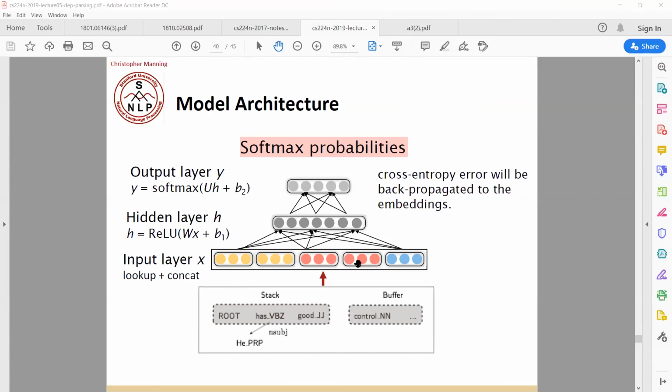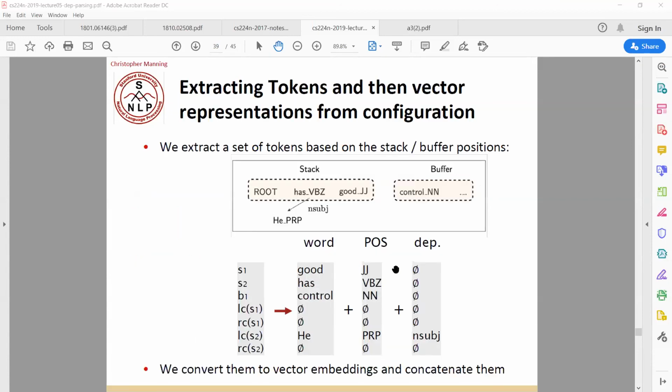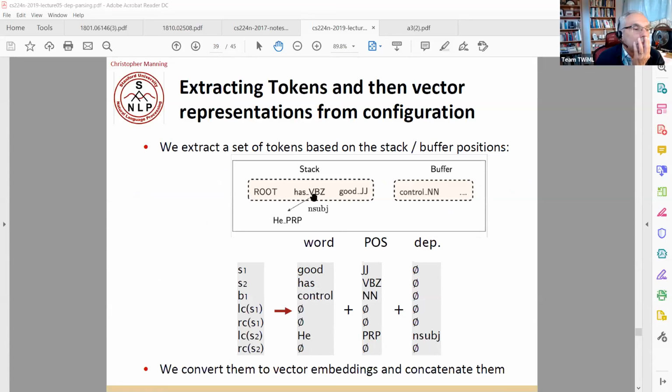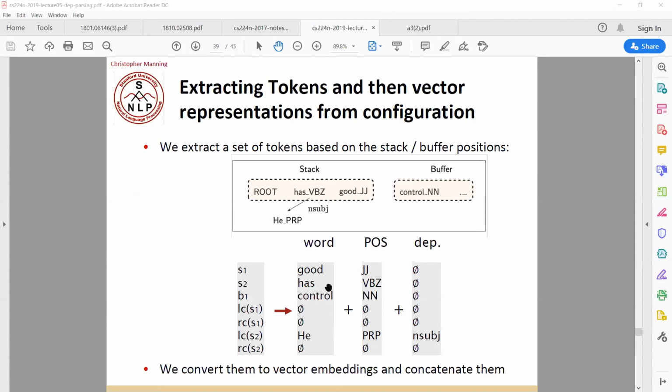If you go to the previous slide, the important thing is for every stack, I'm struggling to find the right word for whatever the stack looks like at a particular time. The state of the stack translates into a word, part of speech, and a dependency embedding.